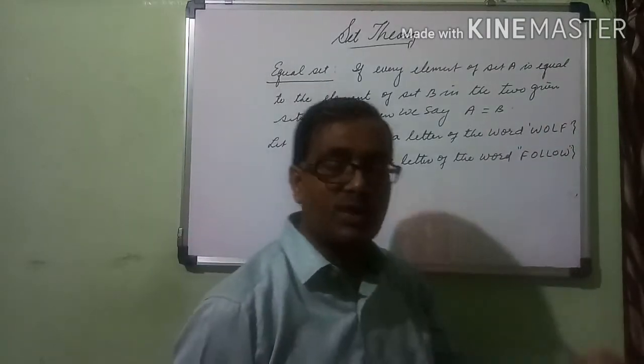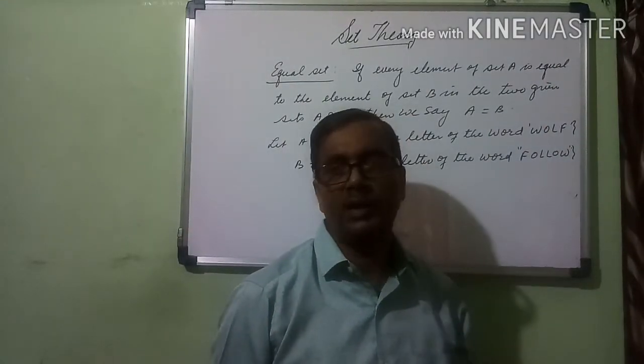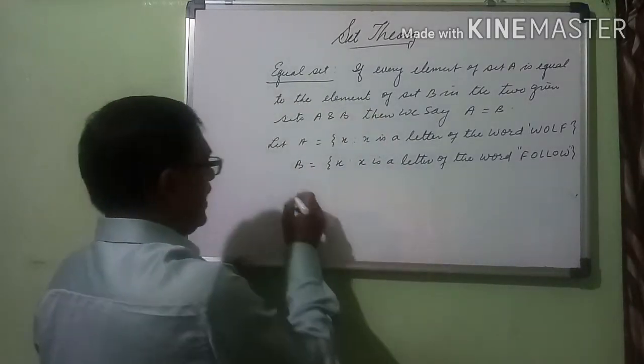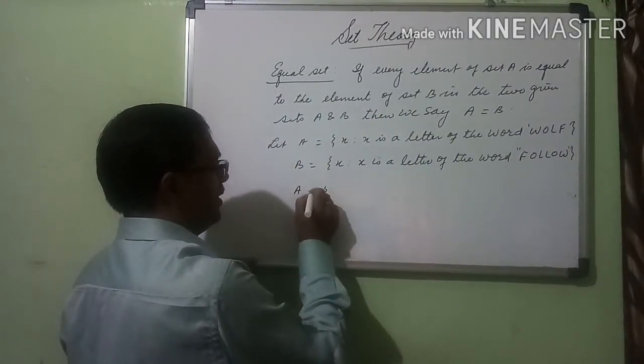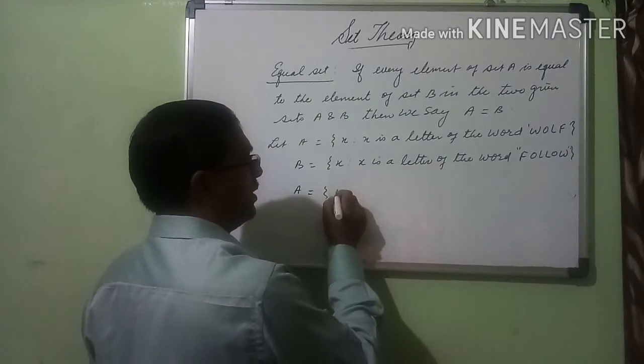When you write in the language of sets, both of them are equal sets. How? Collect the elements of A. What are the elements of A?